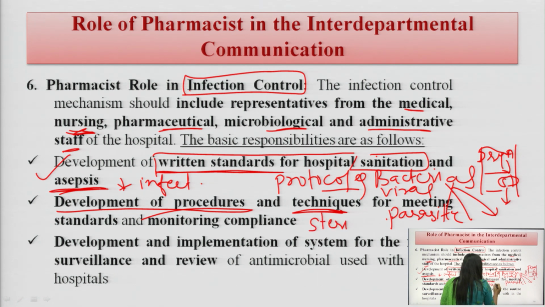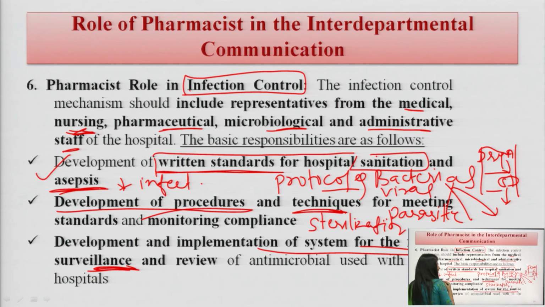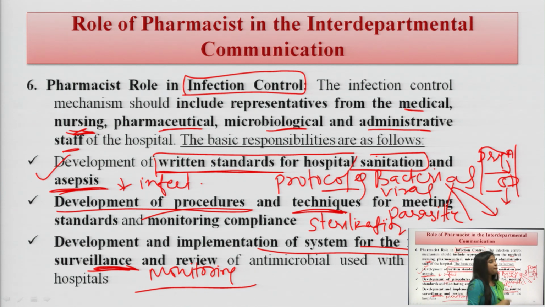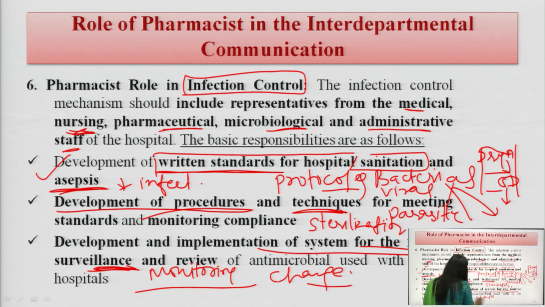What sterilization equipment should be used to reduce the infection? Development and implementation of a system of routine surveillance. And of course, it is very important to monitor and review. If the infection is not reduced by any of the techniques they are using, of course, it will be changed. There is a need for change. So all these things they are doing in reducing the infection.